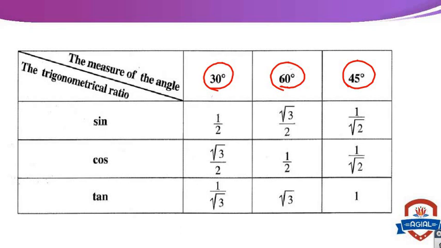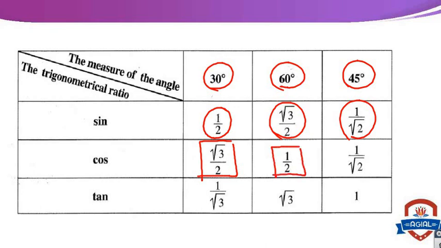Sine 30 degrees equals 1/2, sine 60 equals square root of 3 over 2, sine 45 degrees equals 1 over square root of 2. Cosine 30 equals square root of 3 over 2, cosine 60 equals 1/2, and cosine 45 degrees equals 1 over square root of 2.